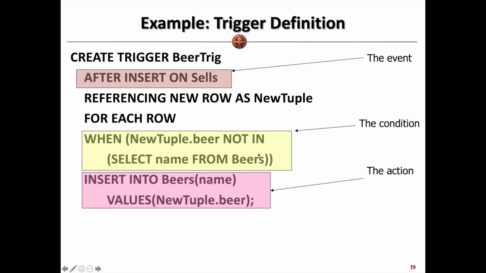The action we take is to insert this unknown beer into the beers table, specifying the attribute name, with values new tuple.beer, the name of this unknown beer. In this way, we can make sure the new tuples in the sales table refer to a valid and existing beer in the beers table, right?